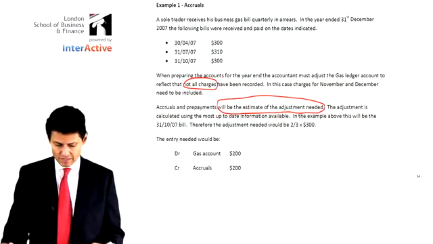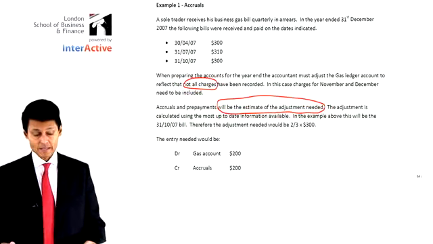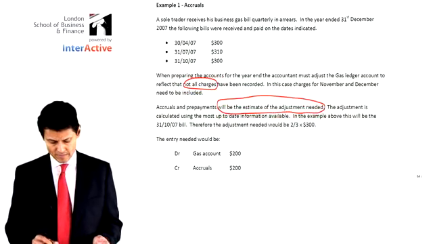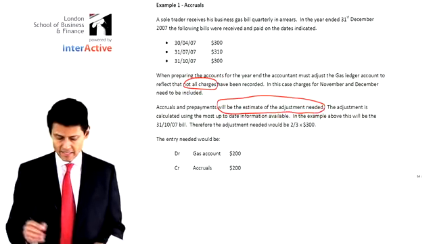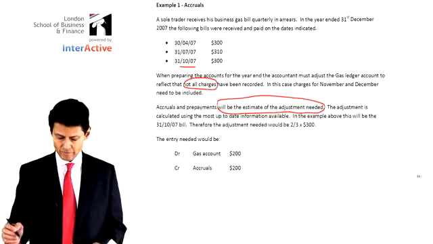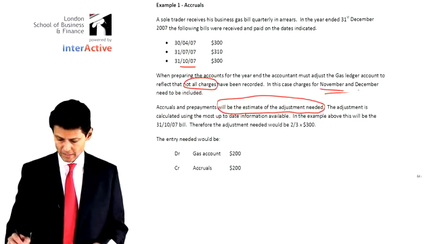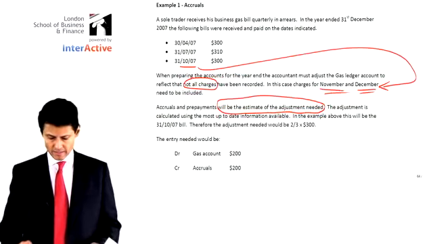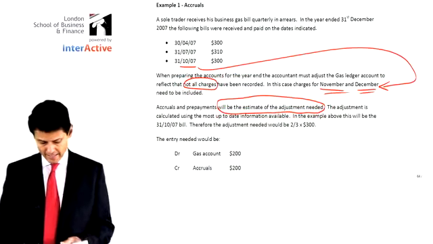When preparing the accounts for the year, the accountant must adjust the gas ledger account, which of course ends up in the trial balance, to reflect that not all charges have been recorded. Because it's taken up to October, November and December are therefore outstanding. You see that? So from that date, I notice that November and December haven't yet been paid.